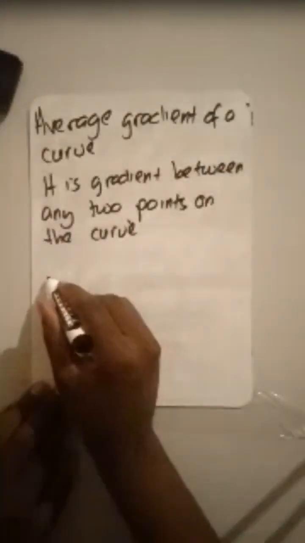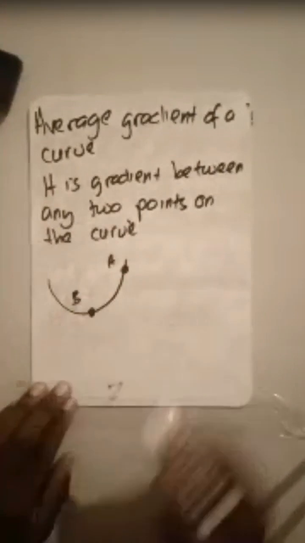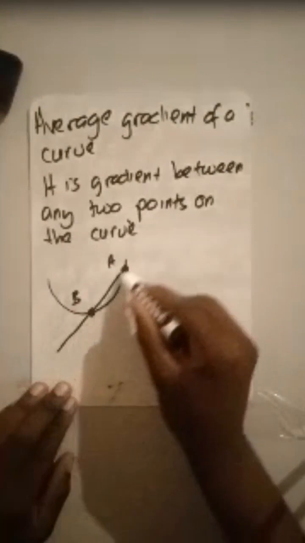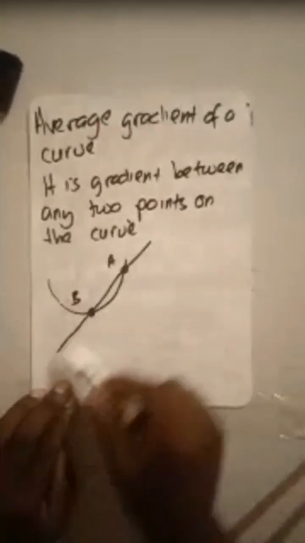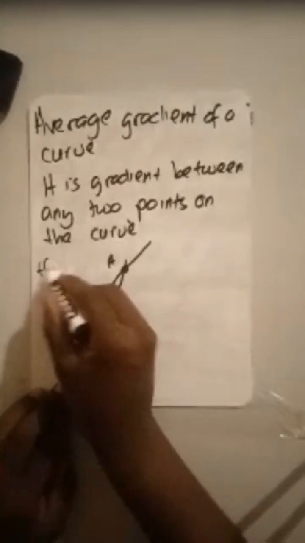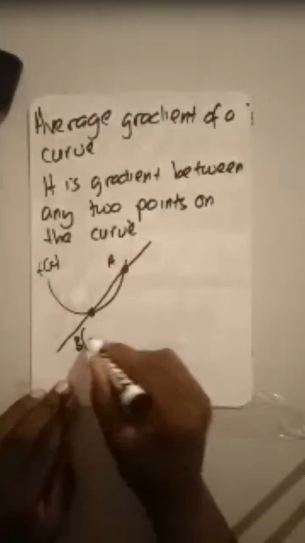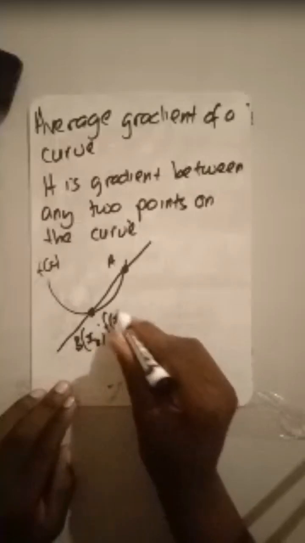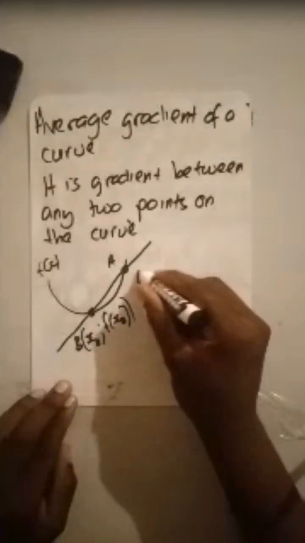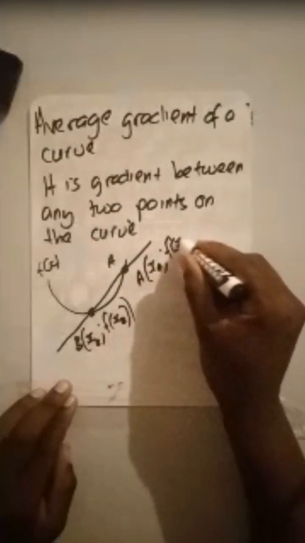If we have our curve like that, and we have a point A, then a point B, the average gradient between points A and B will be the same as the gradient of the line joining A and B. If the curve is f(x), the coordinates of B are (xB, f(xB)) and the coordinates of A are (xA, f(xA)).